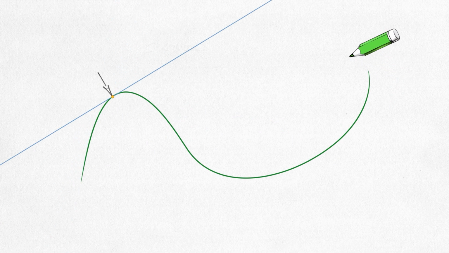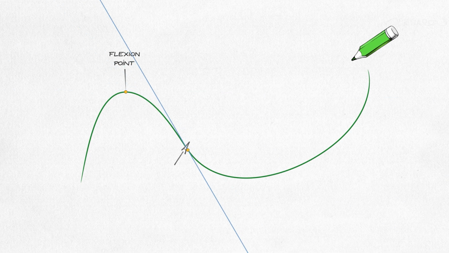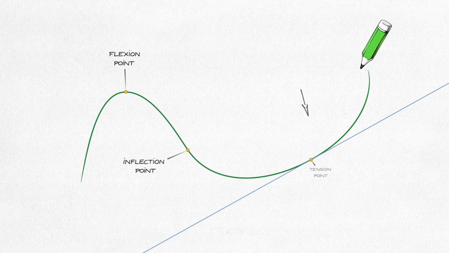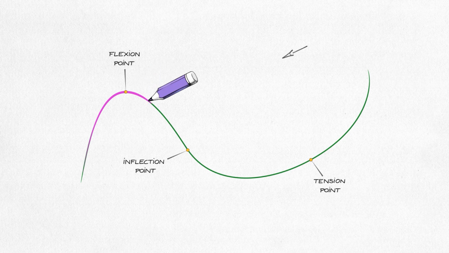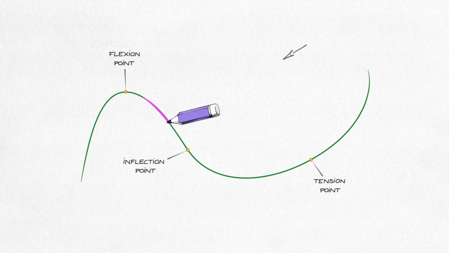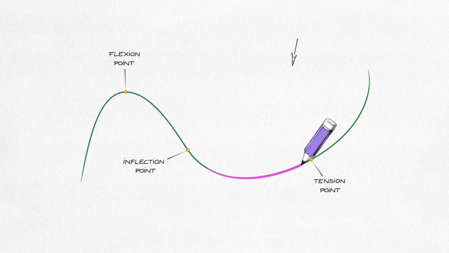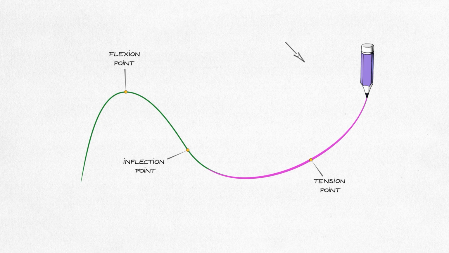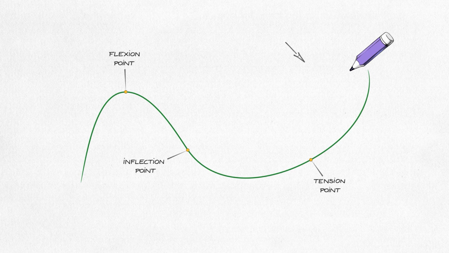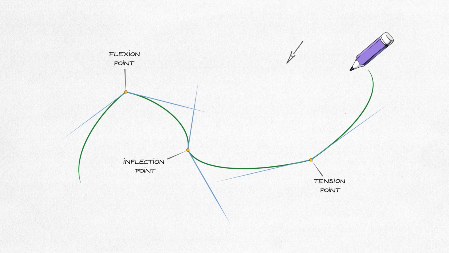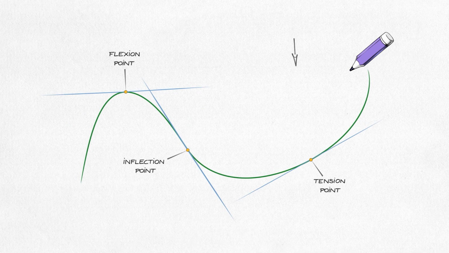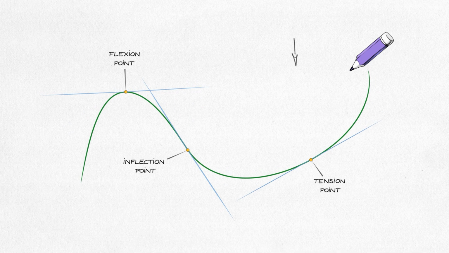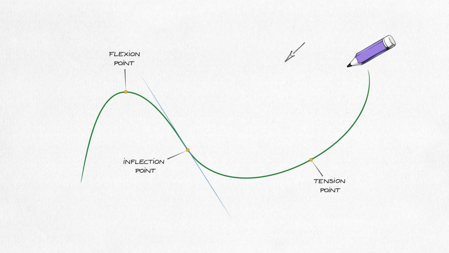A sinuous line presents points of flexion, inflection, and tension, precise instants when the curve shifts from deepening to flattening, from one concavity to another, from flattening to deepening. These three types of variation in a curve may be abrupt, breaking the line, or tangential, preserving the continuity of curvature. The tangent is a straight line that touches a curve without crossing it, except in the case of inflection.